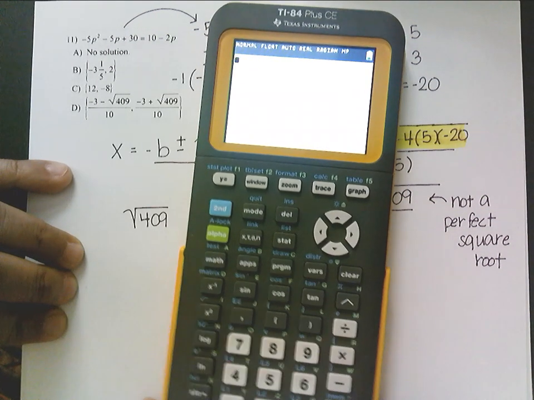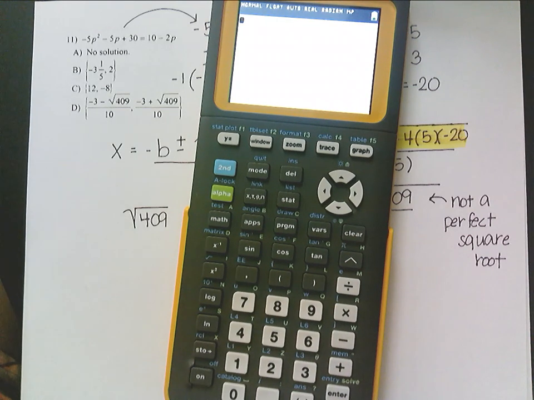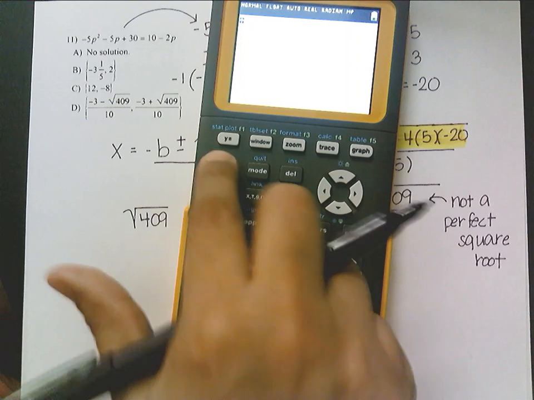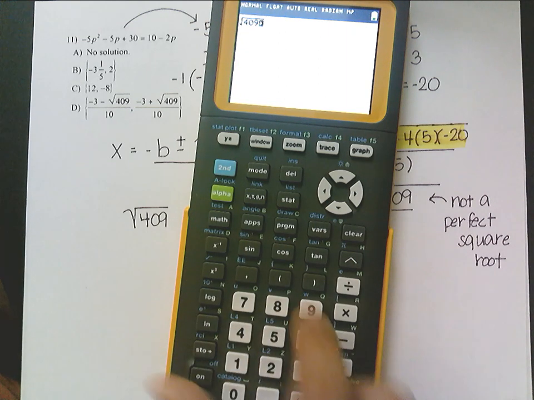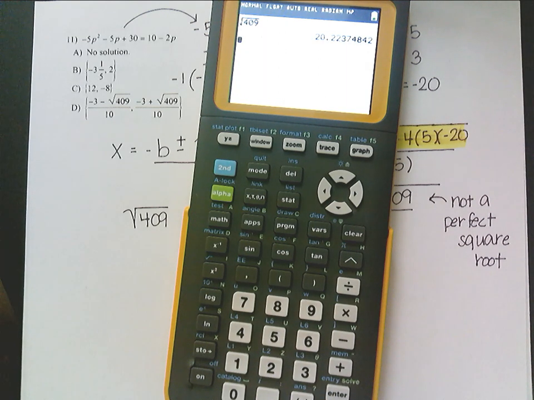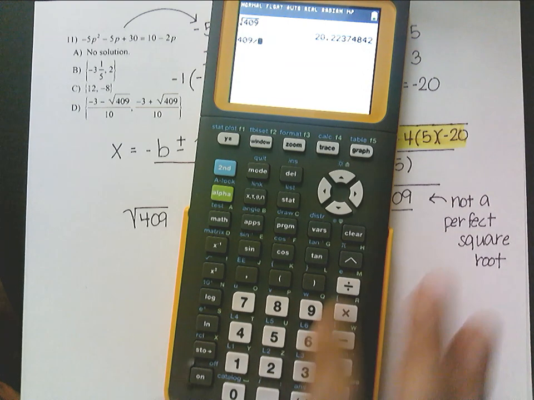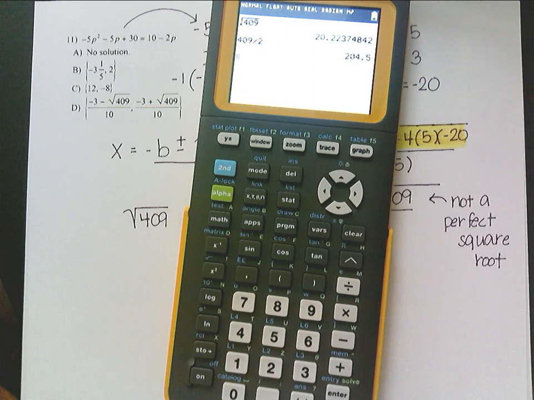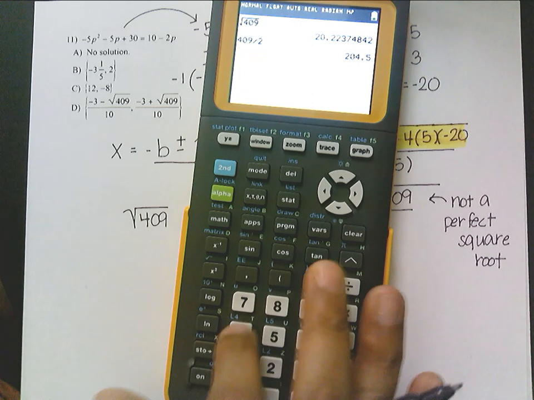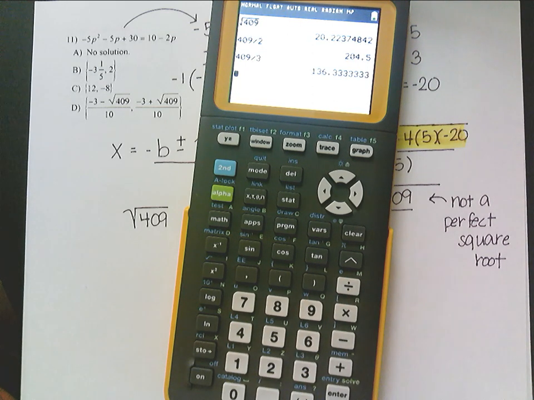I'm going to enter that square root of 409, and you can tell that it's not a perfect square root. So I start with 409 divided by 2, and I'm going to get a decimal. 409 divided by 3, I'm going to get a decimal. So even with me multiplying with a prime number, I'm still getting a decimal.